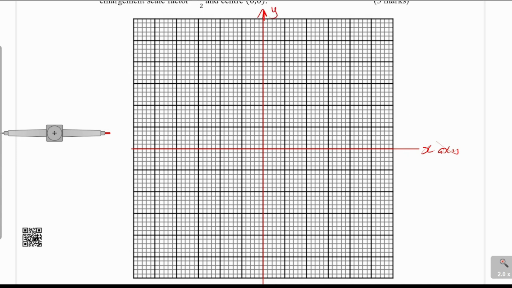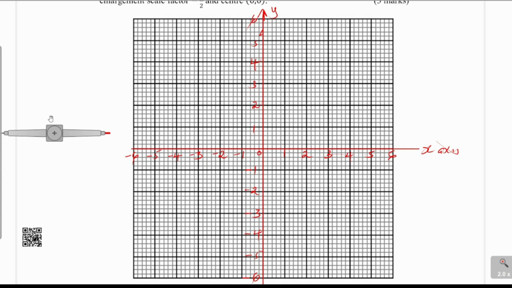This is 0, this is 1, 2, 3, 4, 5, 6, and negative 1, 2, 3, 4, 5, 6 on both axes.